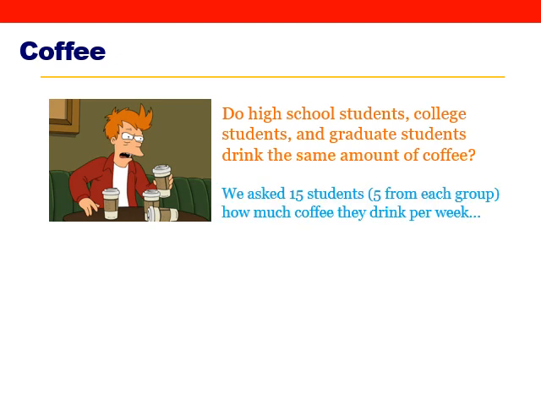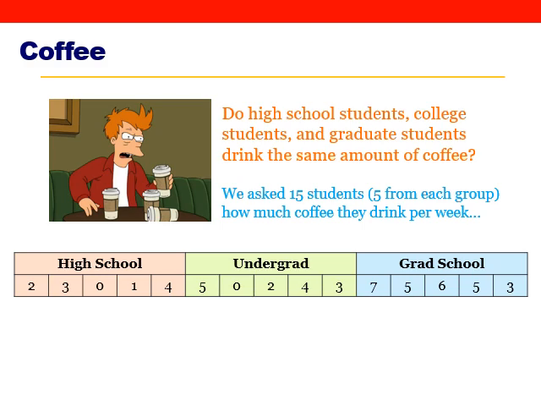Imagine we surveyed 15 students, 5 from high school, 5 from college, and 5 from grad school, and we asked each student to tell us how many cups of coffee they drink per week. Here's what the data look like. We have our 5 high school students in orange, our 5 undergrad students in green, and our 5 grad school students in blue. Beneath that, we have the answers that each student gave when asked how many cups of coffee they drink per week.